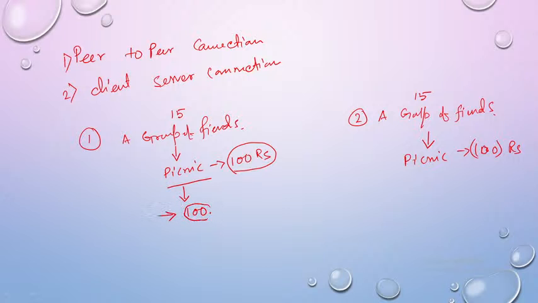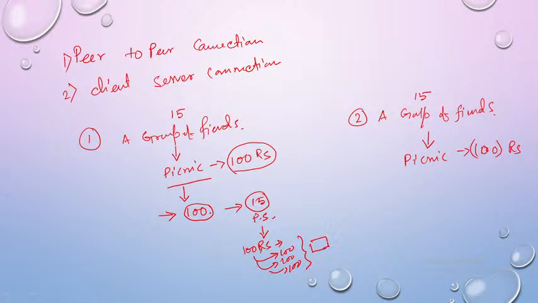Okay. At this moment, when those 15 reach the picnic spot, everyone is equally powerful, right. Everyone has 100 rupees in their pocket. So, one person gives 100 rupees, another person gives 100 rupees, another gives 100 rupees, and eventually the picnic gets completed.